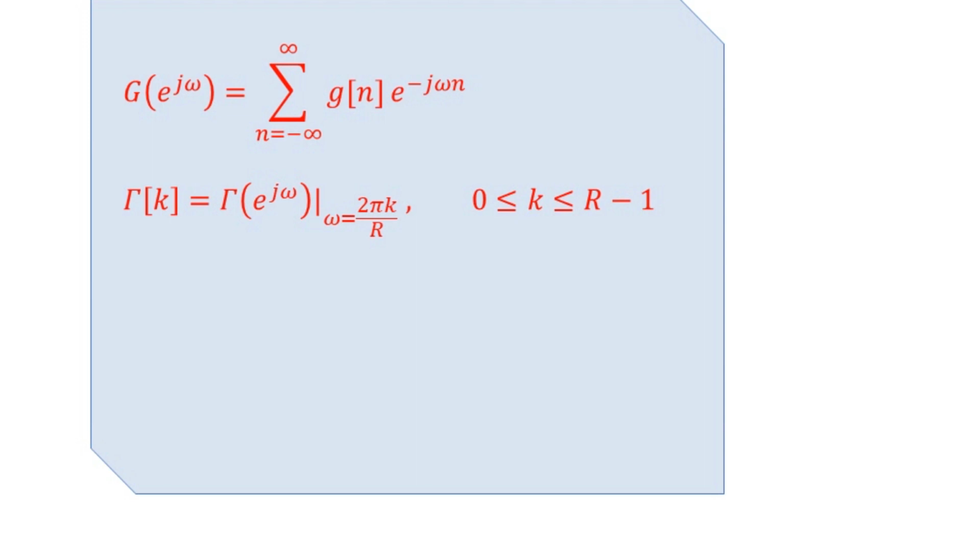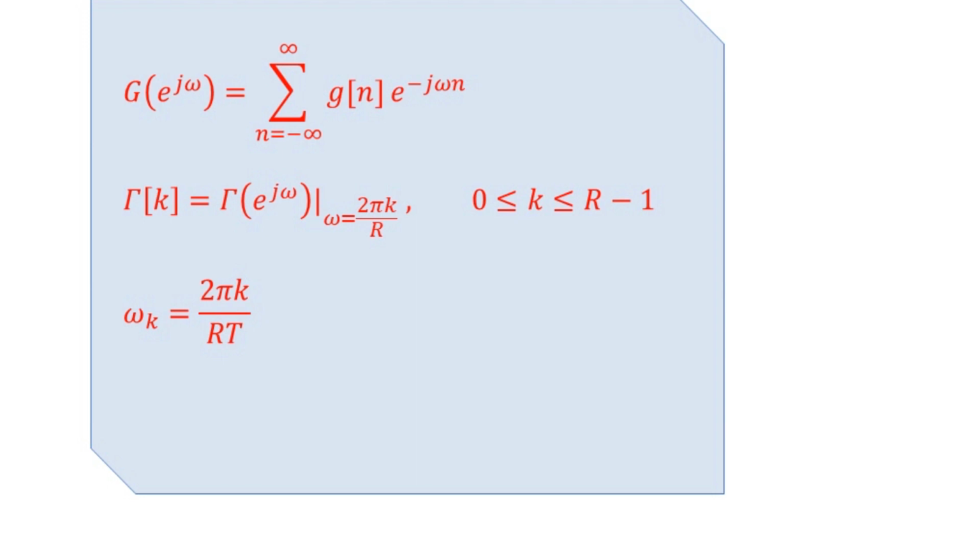R minus 1. Now the normalized discrete time angular frequency that can be denoted by omega suffix k, that corresponds to the DFT variable denoted by small k, we express as omega suffix k equal to 2 pi k divided by capital R. Similarly, the continuous time angular frequency can be denoted by capital omega suffix k that corresponds to the DFT variable or the index number denoted by small k.